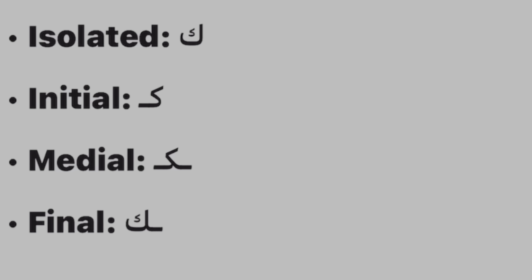Kaf is unique because it doesn't follow the same patterns as other letters. Do you see the small symbol inside Kaf? When Kaf connects to the letters before and after it, it takes this shape. It looks just like that small symbol. Simple as that.